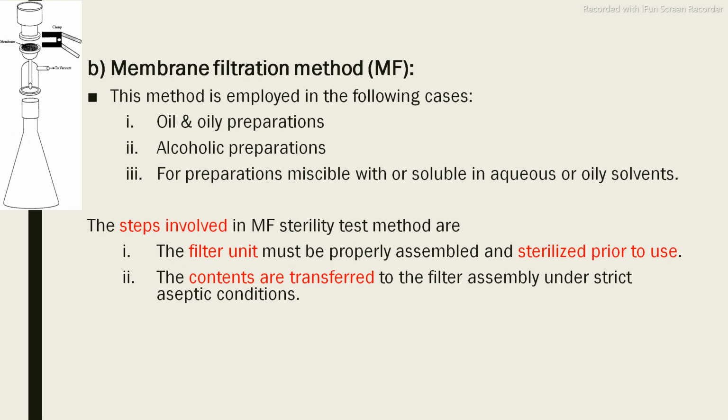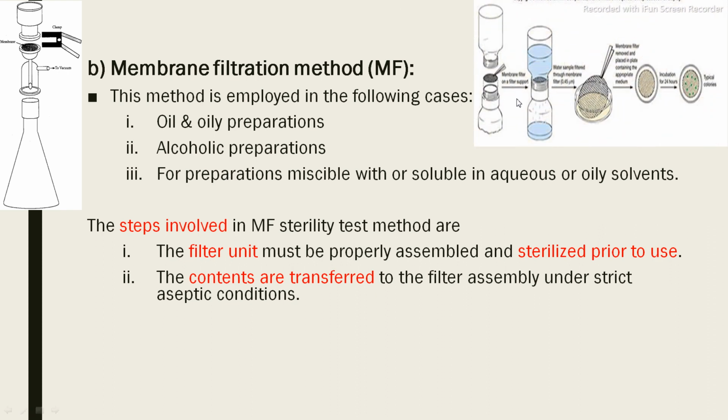Once this filter unit is sterilized, directly you have to transfer this unit into the aseptic cabinet. And in the aseptic cabinet we have to filter the given solution. Suppose we are having the mixture of some ampoules or vials or infusion bottles, then these contents are transferred through this unit only in the aseptic cabinet.